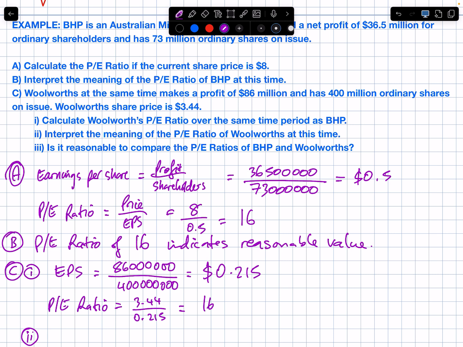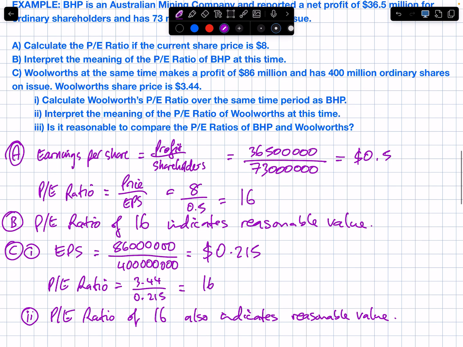Part 2. Is that the same PE ratio as before? So it's a reasonable value? Is it reasonable to compare those PE ratios? Are they from the same industry?